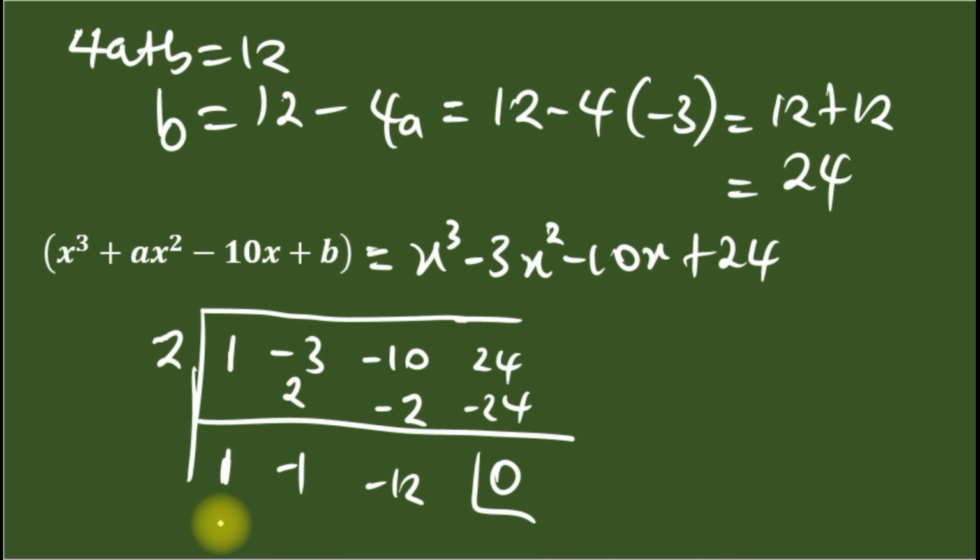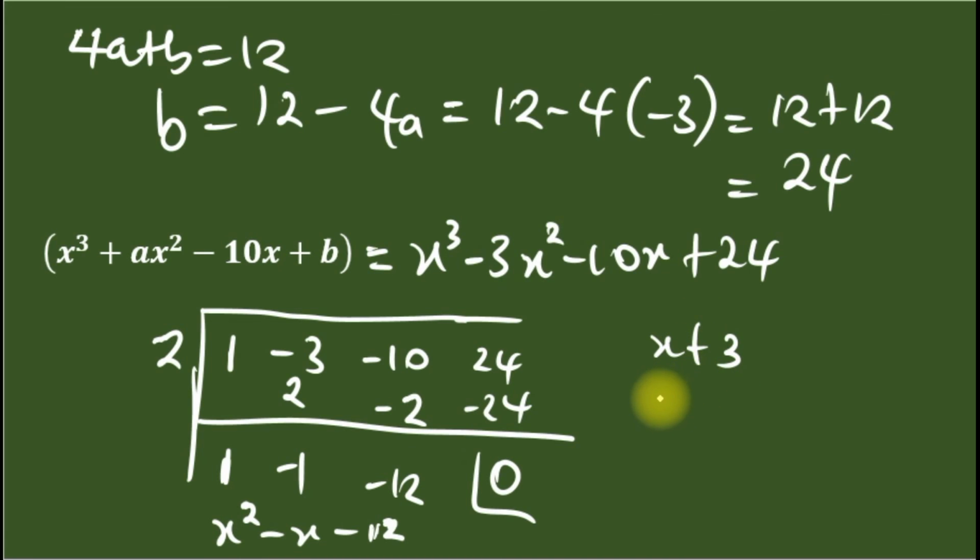So we now have x squared, this is constant, x and x. So x squared minus x minus 12. We used x equal to 2. Do you remember the remaining factor, which is x plus 3? So I will factor this as x plus 3 and any other factor.